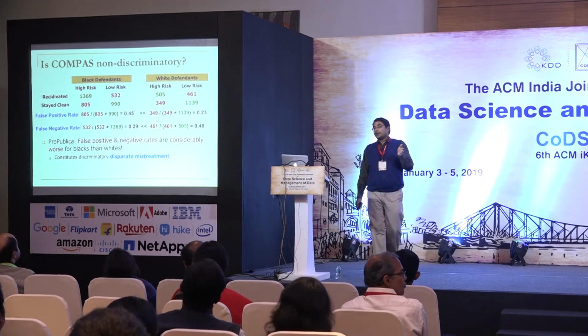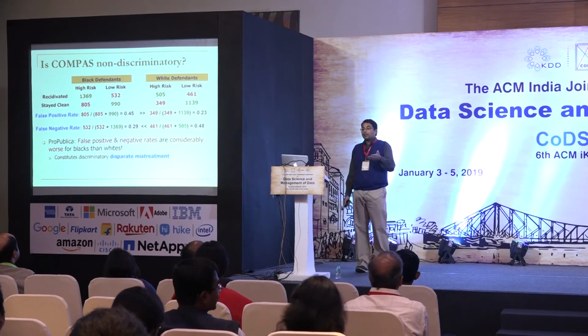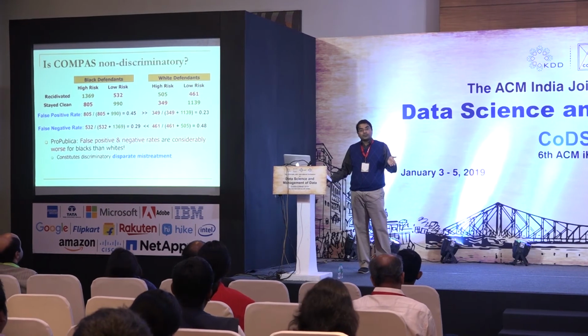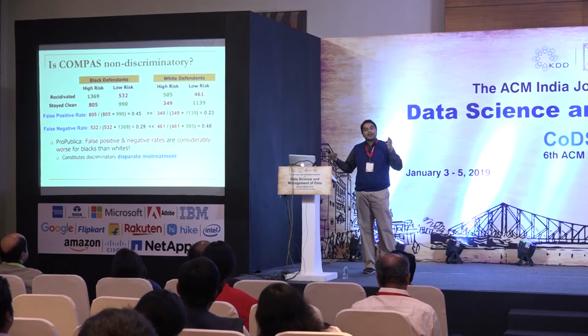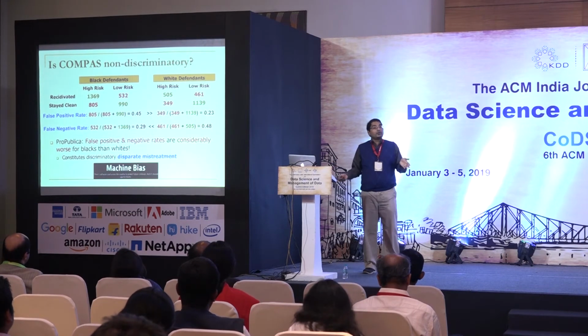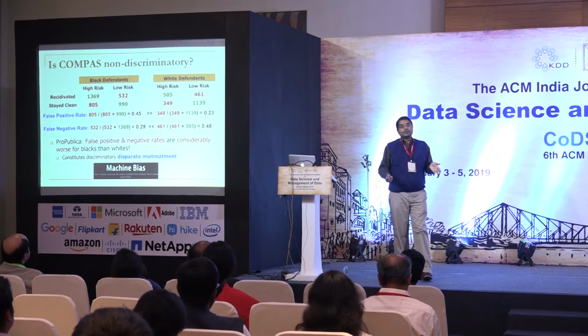And along both directions, blacks were doing much worse than whites. And this is what led ProPublica to point out that there is a discrimination, there is disparity in error rates between the two different groups. And this disparity is what we call disparate mistreatment. And this is what led to that article that I showed you before.